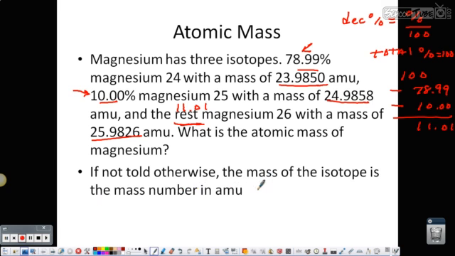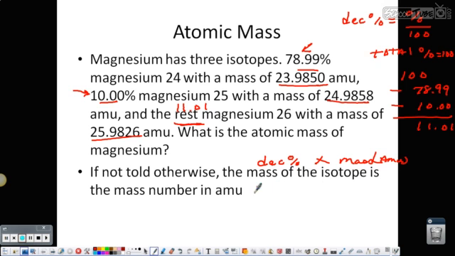Decimal percent times the mass in AMUs. Now if I write AMU up here, I don't have to write it all the way down. So that's a good thing. If you write it up here, you won't have to write AMU after every number.